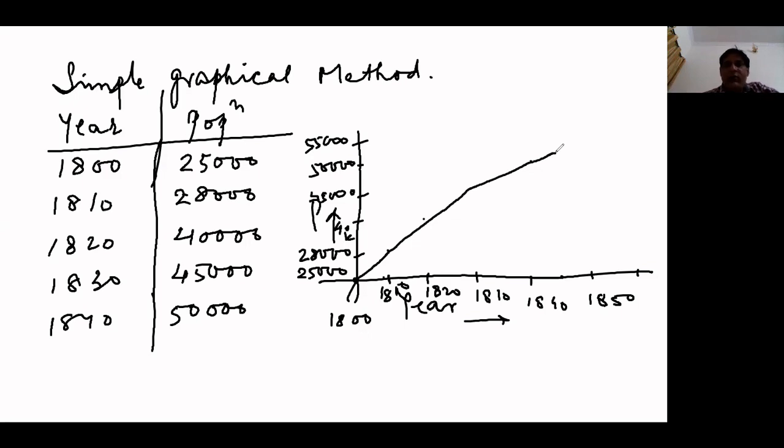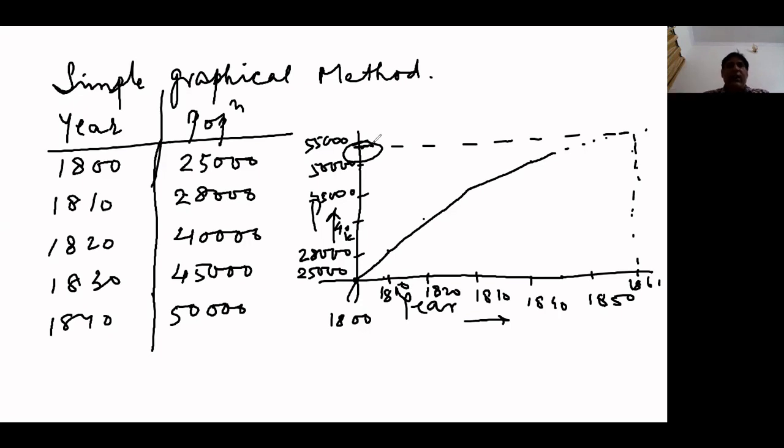Now, if you are asked to find out the population in 1860, you will simply extend the curve, and wherever the curve intersects, it will be the population for 1860, right?